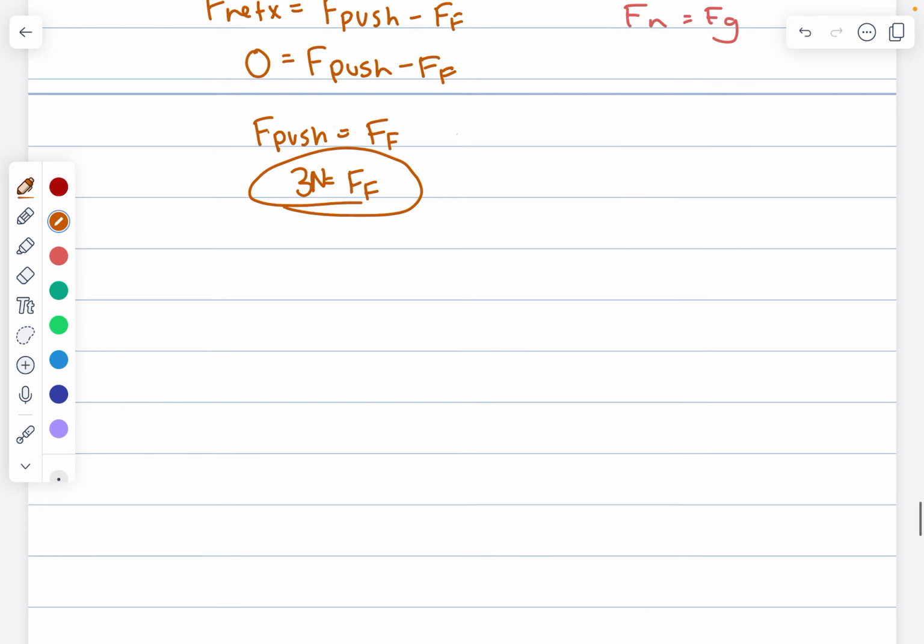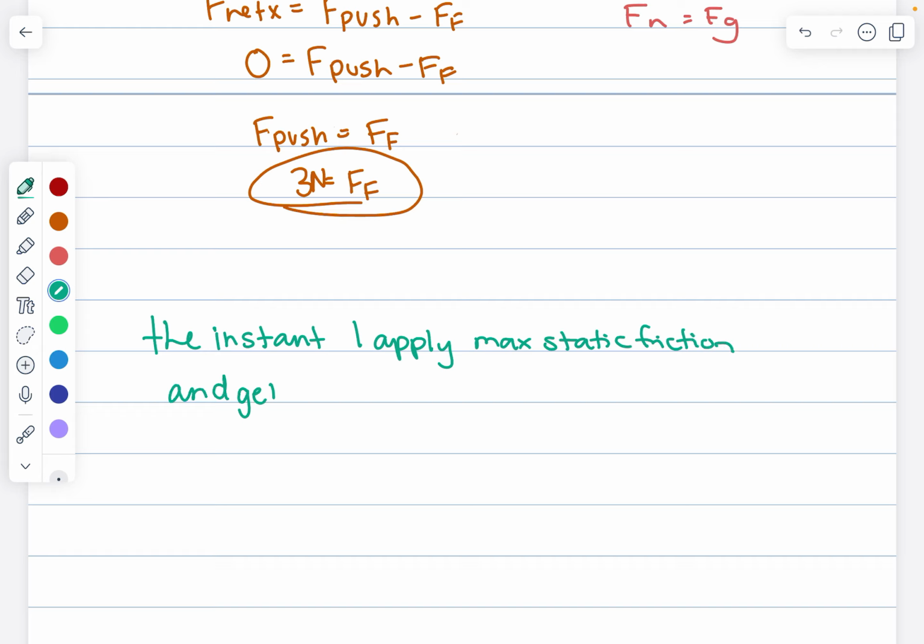The instant I apply max static friction and get the object to move, the force of friction becomes this.